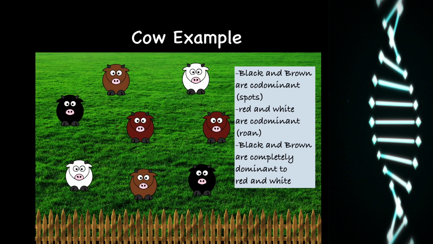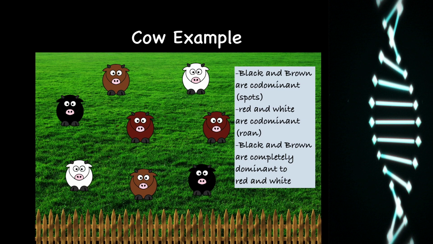So you have 4 different alleles: black, brown, red, and white. Now, black is dominant to both white and red. Brown is also dominant to both white and red. Black and brown are codominant to each other. So a cow that has black and brown alleles, heterozygous for both of those, will appear black and brown.